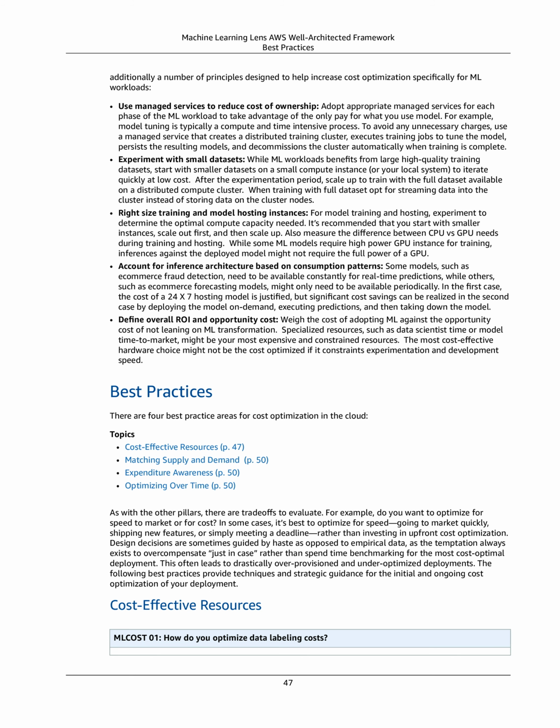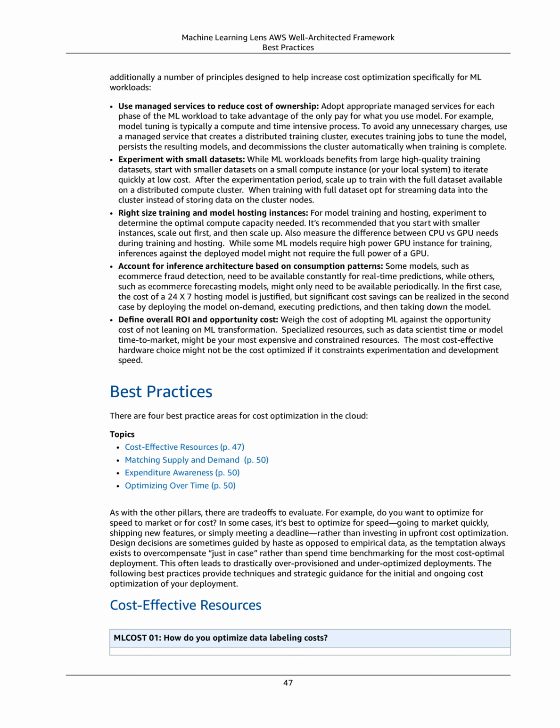Best practices. There are 4 best practice areas for cost optimization in the cloud. As with the other pillars, there are trade-offs to evaluate. For example, do you want to optimize for speed to market or for cost? In some cases, it's best to optimize for speed, going to market quickly, shipping new features, or simply meeting a deadline, rather than investing in upfront cost optimization.